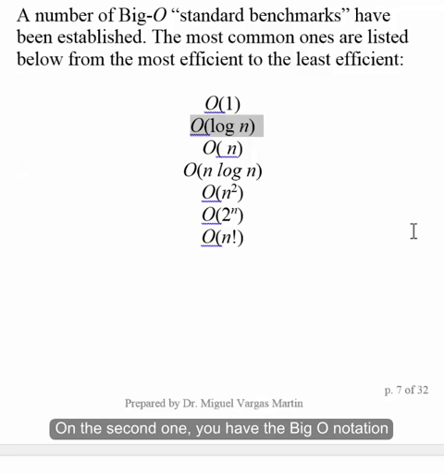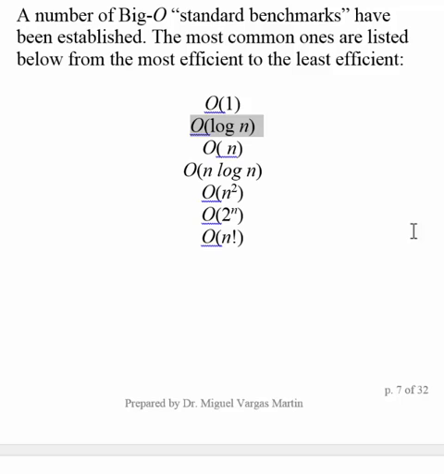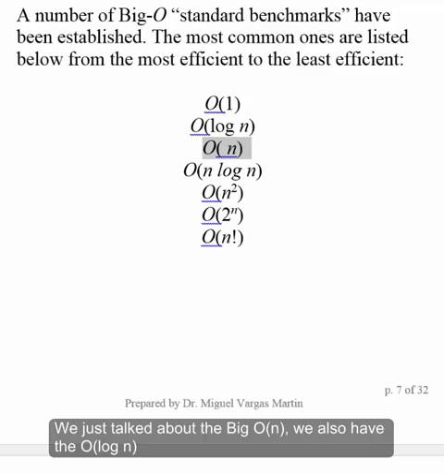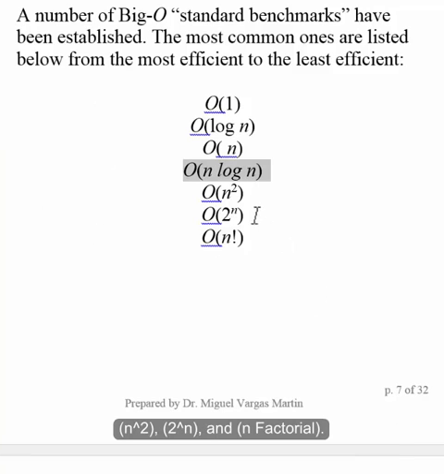On the second one, you have the big O notation for log of n. So log of n means that the input size is n, and to perform its task, the algorithm will go through log of n instructions. We just talked about the big O of n. Then we also have n log n, n squared, 2 to the power n, and n factorial.